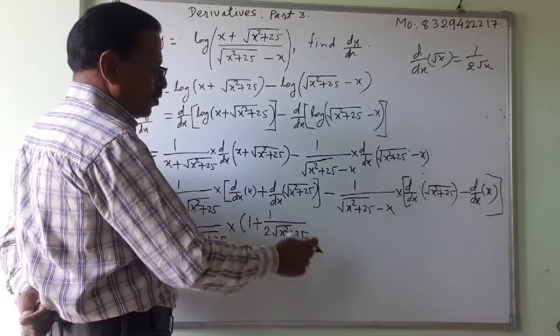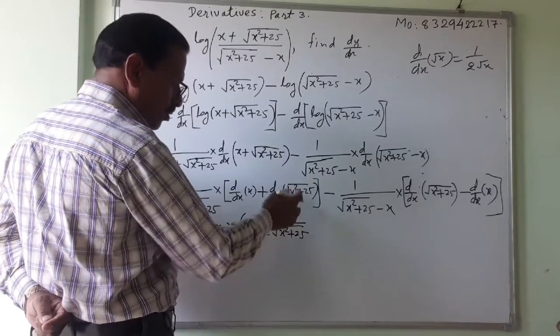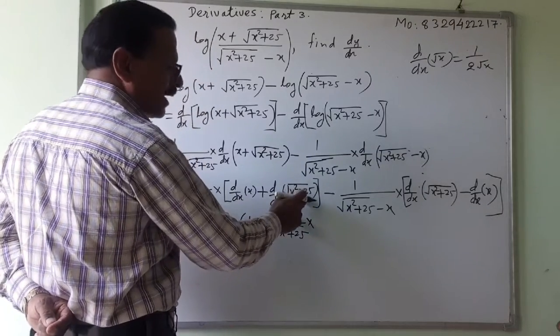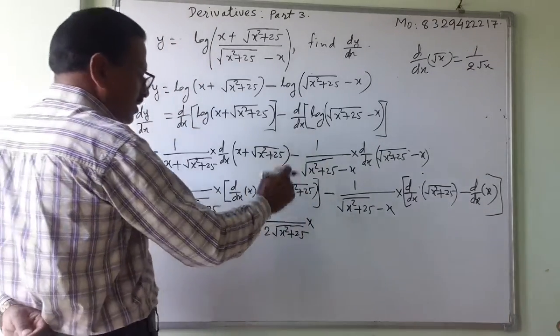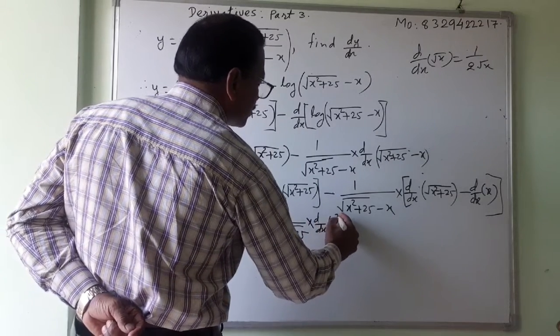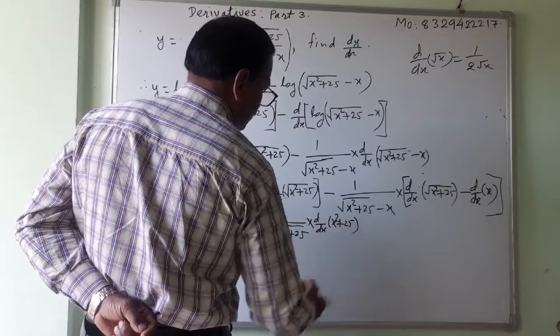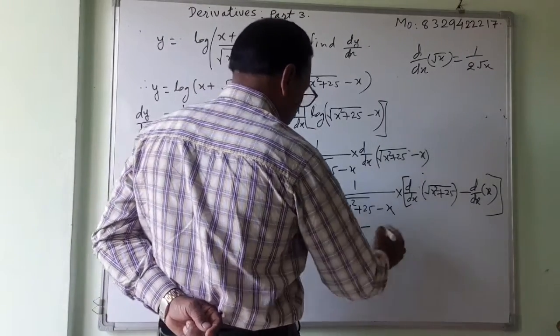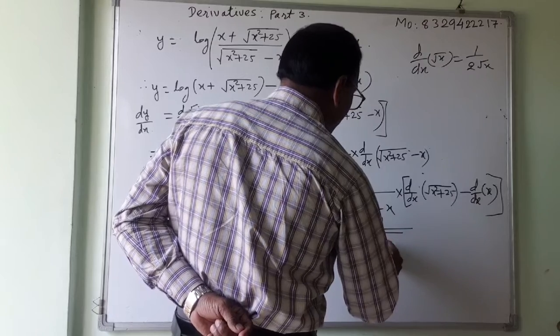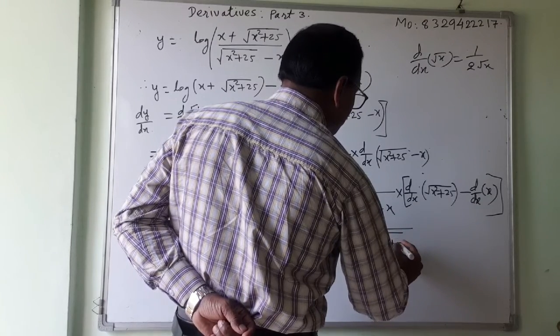Root is this into, but this is not x, so multiply by the derivative of this also, d by dx of x square plus 25, minus 1 upon root of x square plus 25.